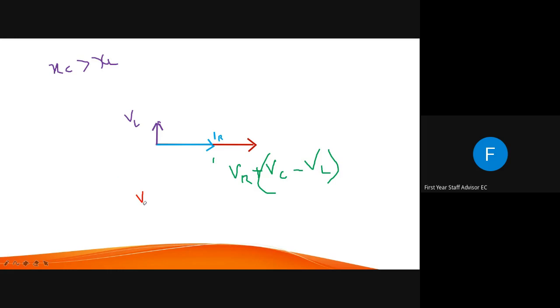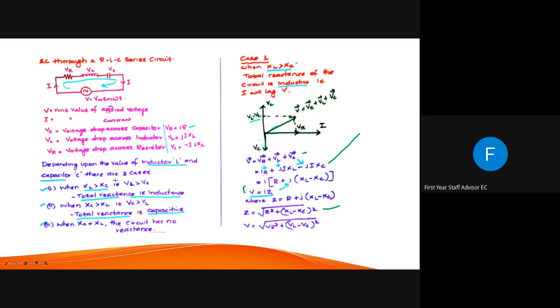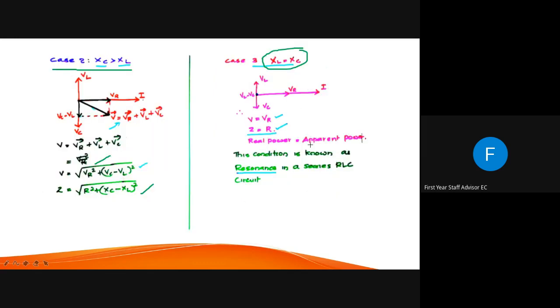So at that time, the length of voltage vector of capacitor and inductor are also same, and it will cancel each other. So there won't be any voltage phasor for that. So when XL equal to XC, it will show no reactance, it will show only the resistance because reactance values are equal, so it will cancel each other. It will show only the resistive effect. So I can directly write V is equal to VR.